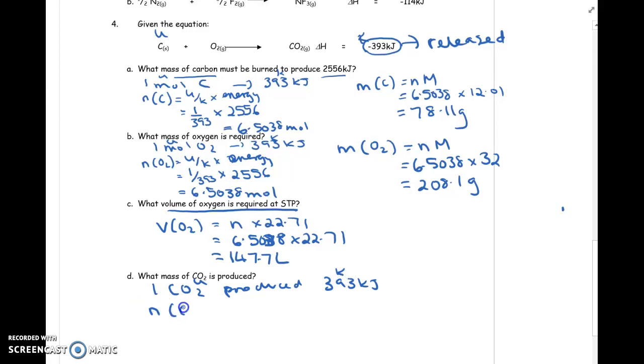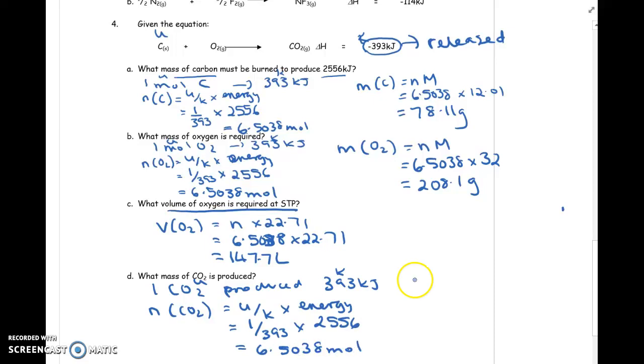So the number of moles of carbon dioxide will equal unknown over known times the energy, which we do know, which was 2,556. So 1 divided by 393 times 2,556 will once again come out to 6.5038 moles.